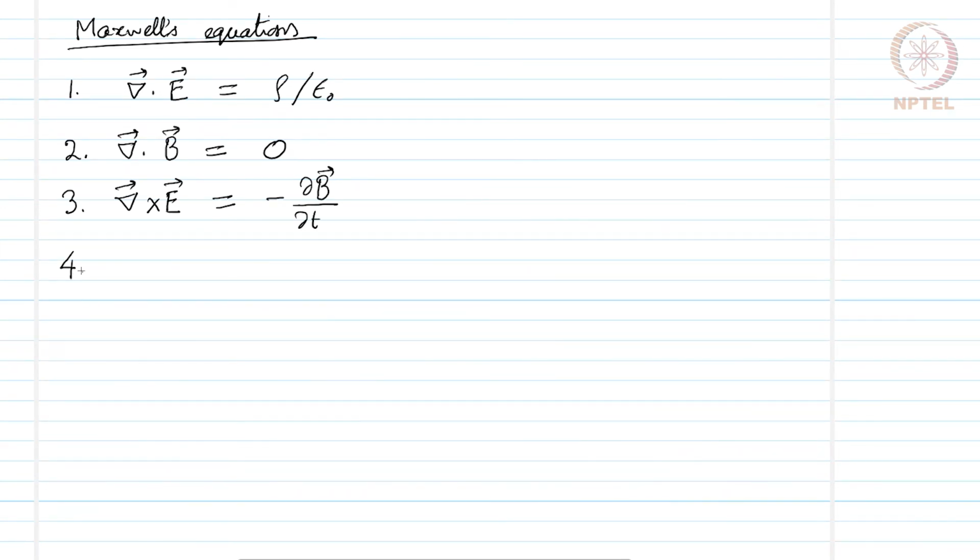And the fourth equation, as modified by Maxwell, gives curl of B equals mu naught times the volume current density plus mu naught times the displacement current, that is epsilon naught del E del t. Now, let us consider an example.